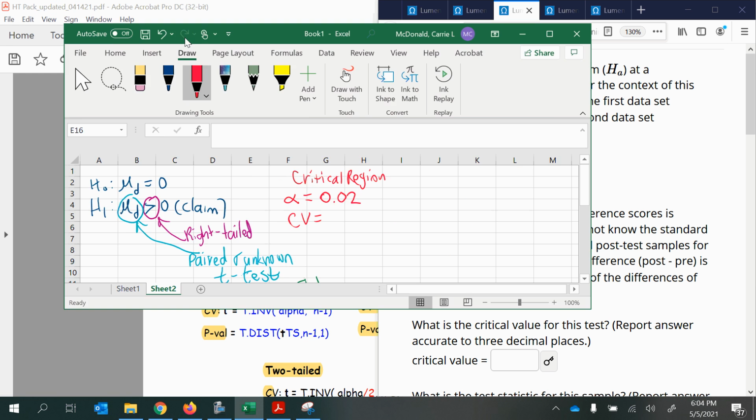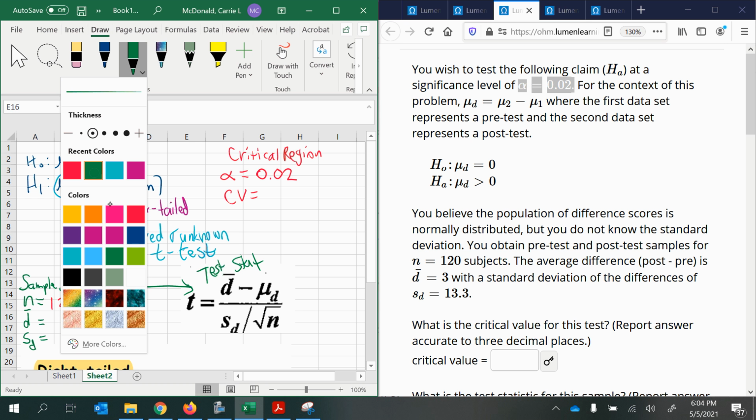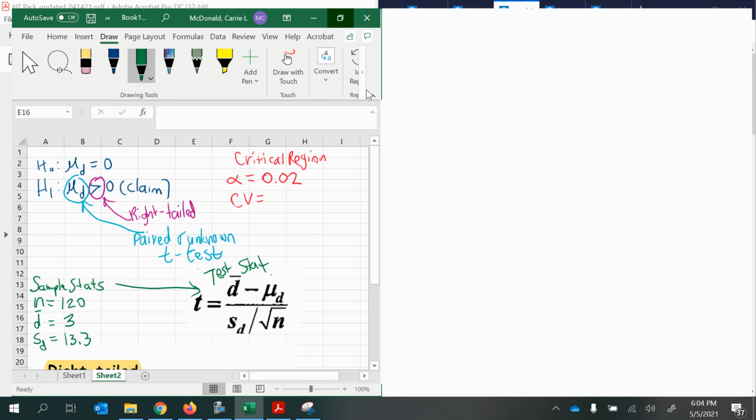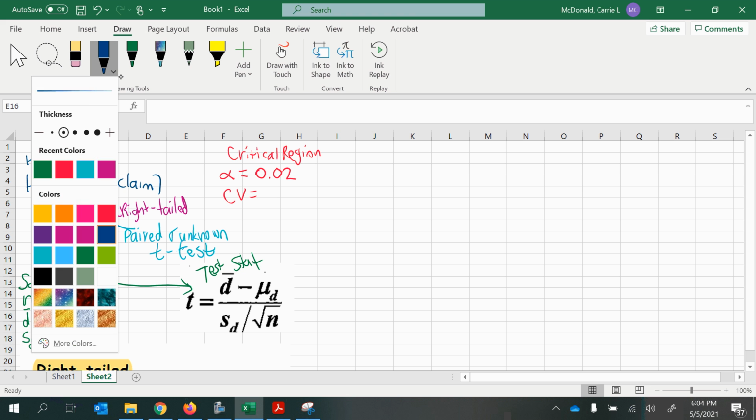I think I just need to make this half and half. There we go. So this is N equals 120, D bar is 3, and I'm going to change my color to be consistent with number of categories. It helps if you want to use colors. You can use green for your sample statistics. D bar is 3. The sample standard deviation is 13.3. So now we have everything we need, and we are ready to start sketching this distribution.